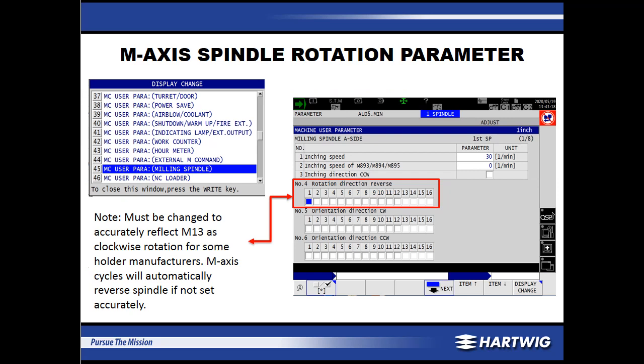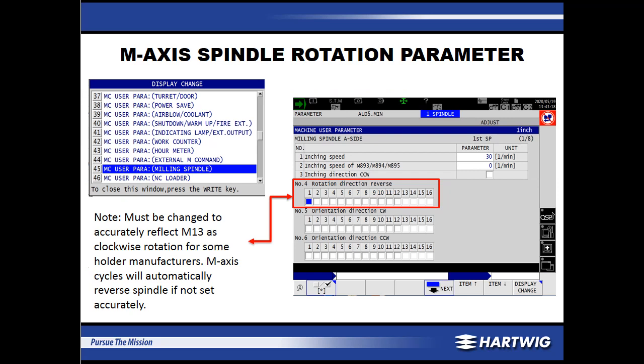But if you're using aftermarket holders, for instance, Kennametal's holders, you have to use this parameter. You would check mark the station that you've mounted the holder on, and that will reverse the rotation of the servo motor that's driving that live tool, because if you leave it at the standard direction, when you command M13, the tool will rotate counterclockwise, which will break your drill.